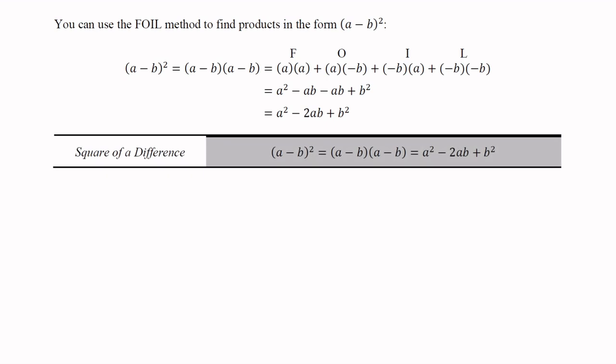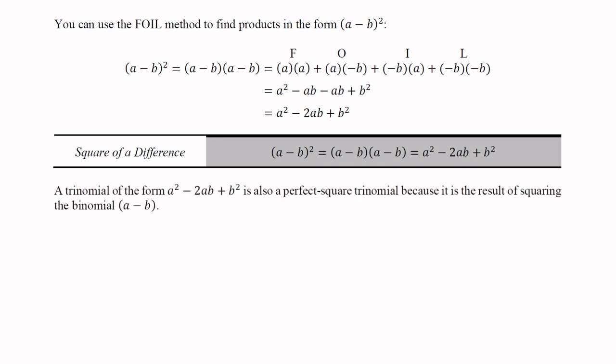And this is a square of a difference. So you've got a minus b quantity squared is equal to a squared minus 2ab plus b squared. The trinomial of this form is also a perfect square trinomial because it is the result of squaring the binomial a minus b.